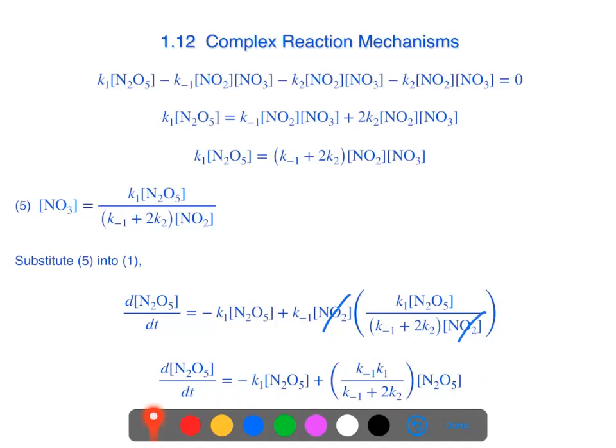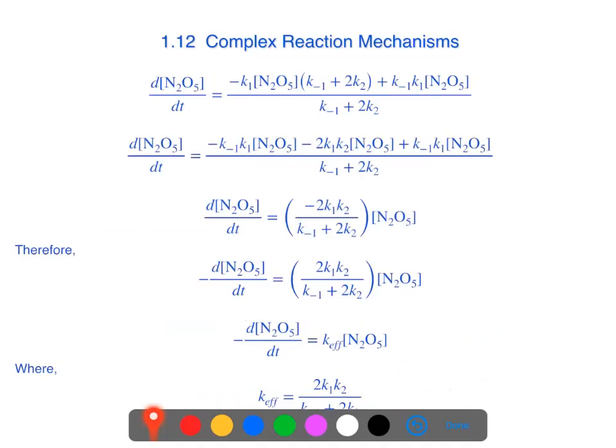So, as typical with these types of questions, we're going to look for a common denominator when we add or subtract two different terms. So the common denominator will be k-1 plus 2k2, and that will be multiplied by the first term in order to get a single quotient.